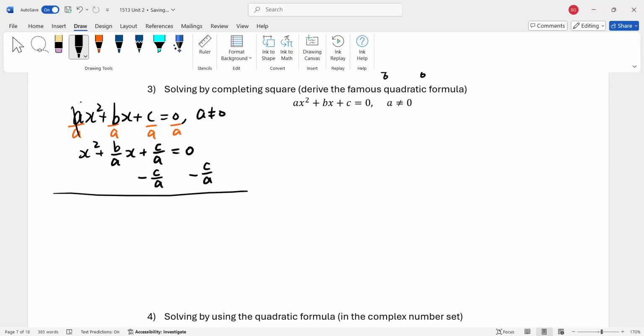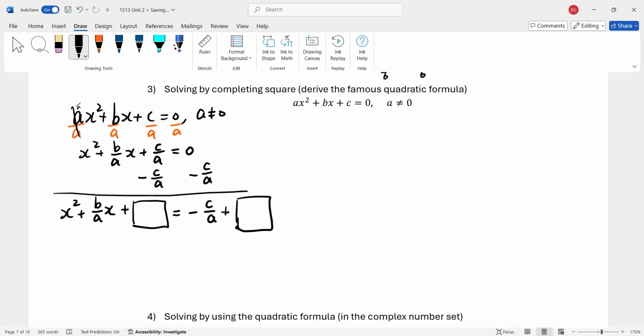In other words, move the constant to the right side. Then we would have x squared plus b over a x equals negative c over a. All right? And then I'm going to add a number on the left side. I'm going to do the same thing to the right side to keep the equation unchanged.